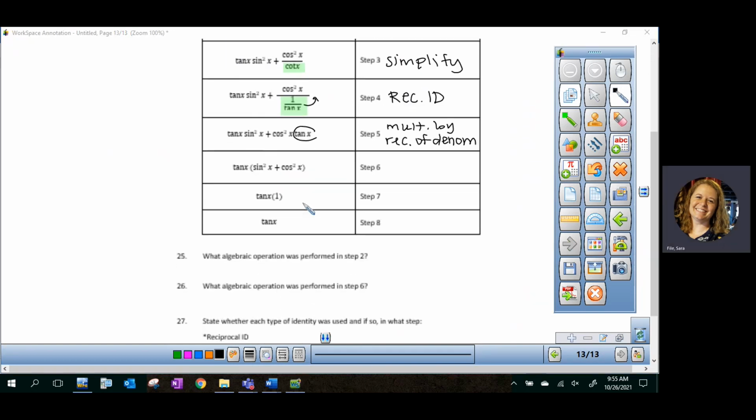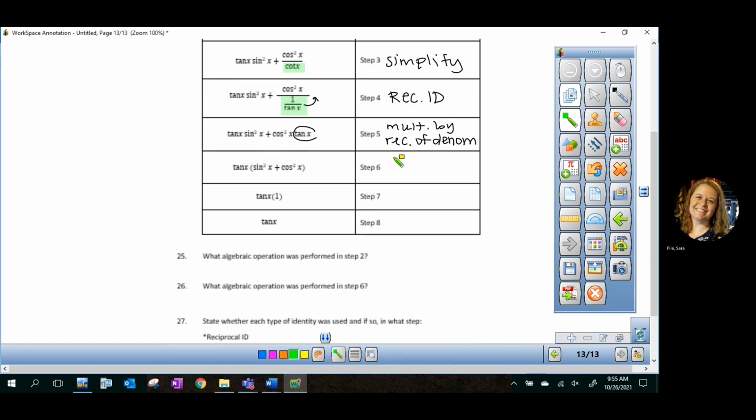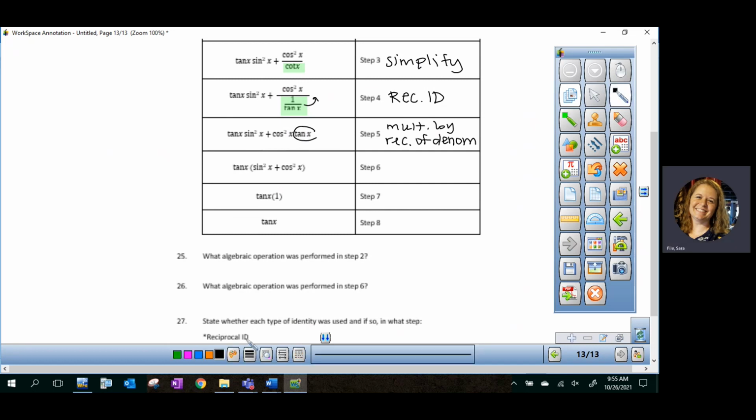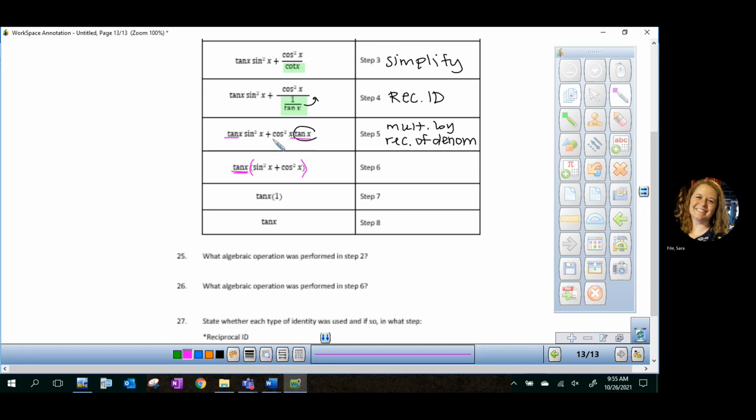All right, so then from there, both terms had tangent in them. And now the tangent is outside the parentheses. What happened? What did they do? When you take out something that the terms have in common, put it outside parentheses and put in parentheses what's left, what's that called?